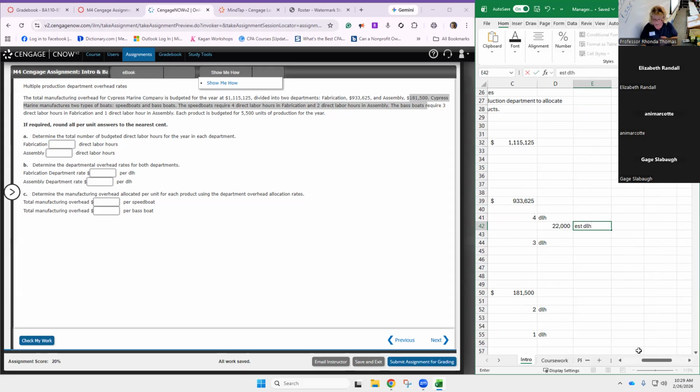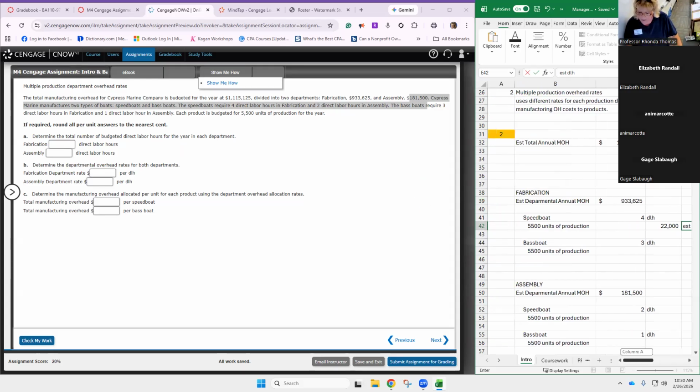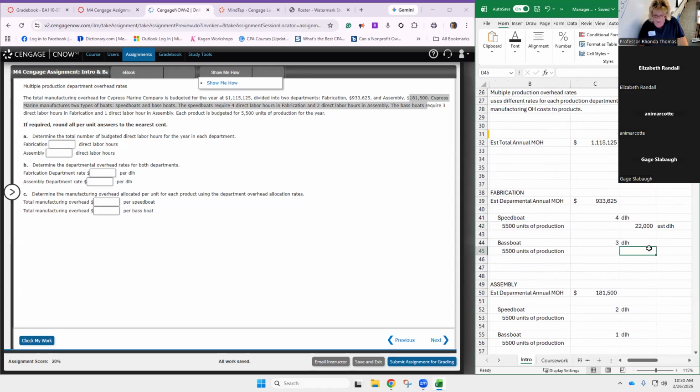So now let's figure out the rest of these, right? It's just a matter of doing the math, and then you're going to add together the information so that we can put in what direct labor hours are for fabrication and what direct labor hours are for assembly. So let's see if we can do this here. We're going to take that same calculation and go 3 times 5,500.